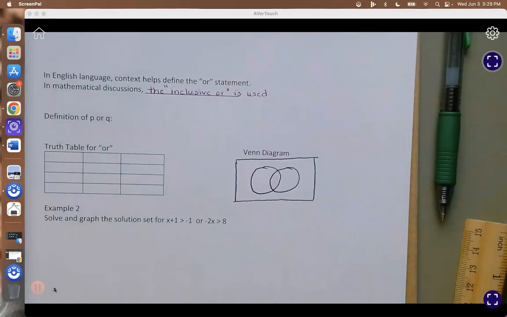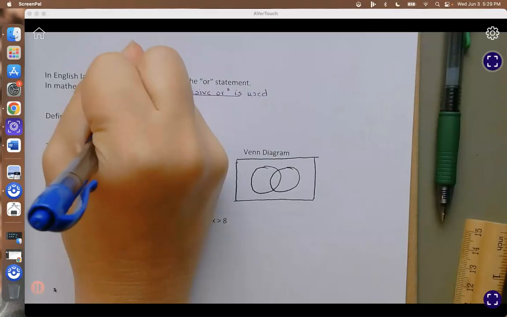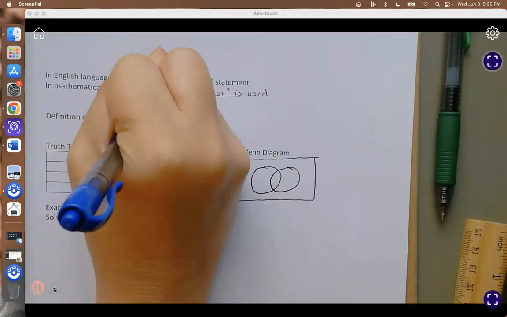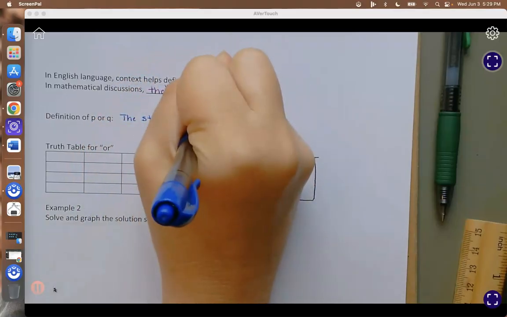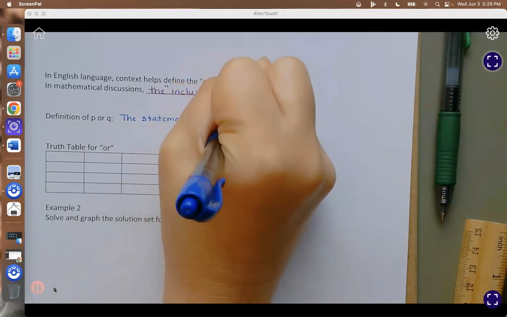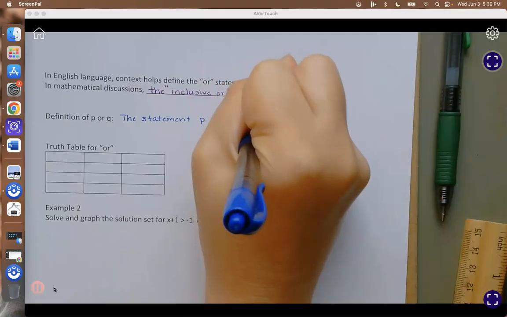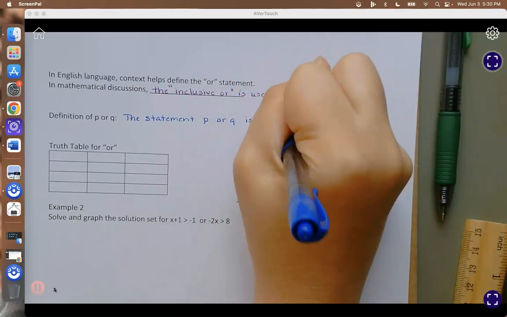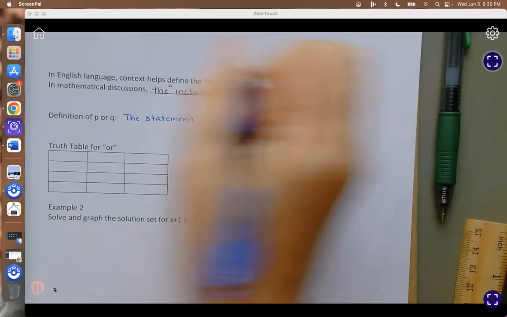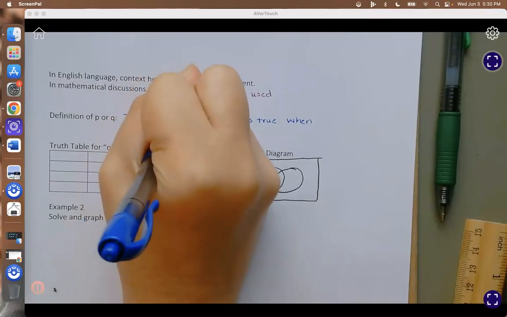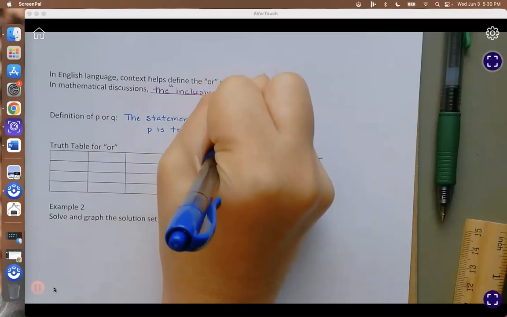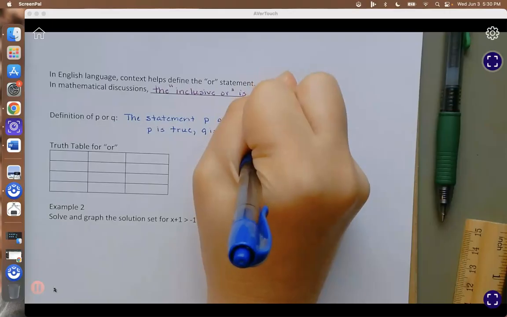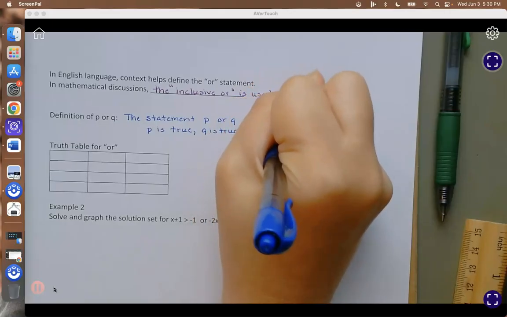So the definition is the statement P or Q is true when P is true, Q is true, or both are true.